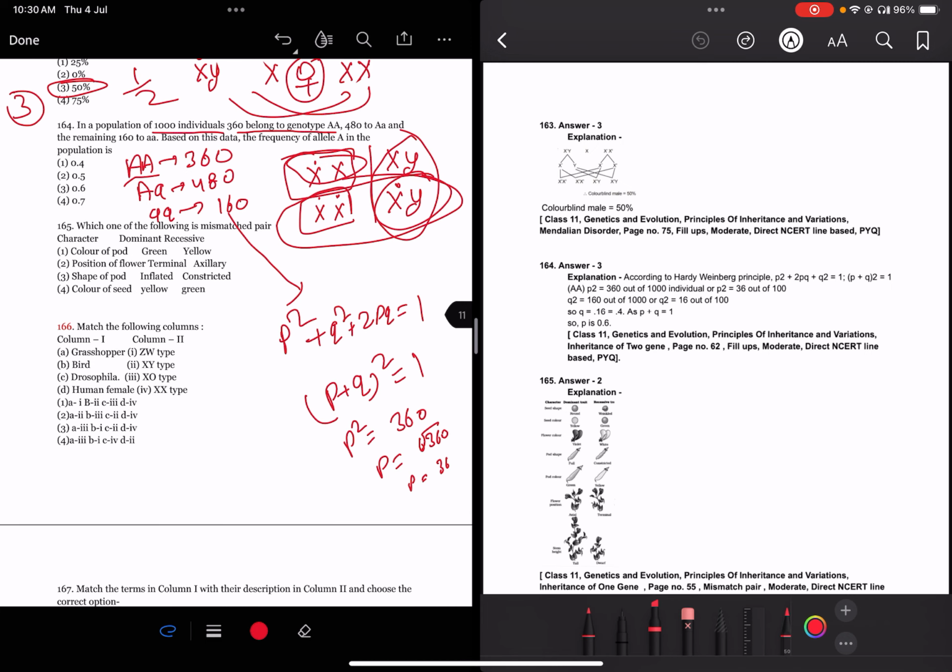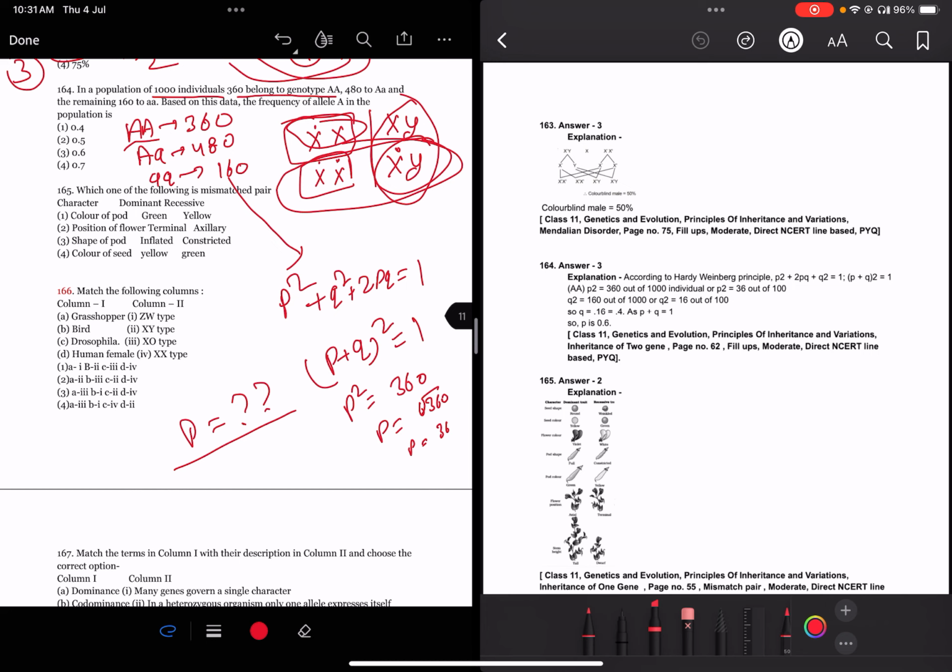You can solve it this way. When we find the frequency of allele A, we should find p only.